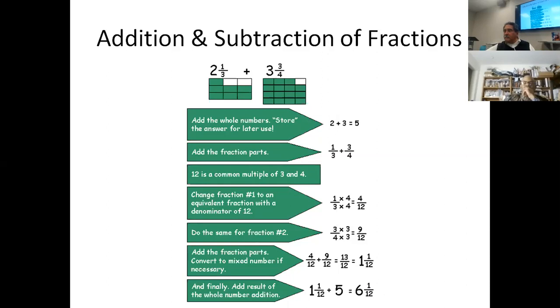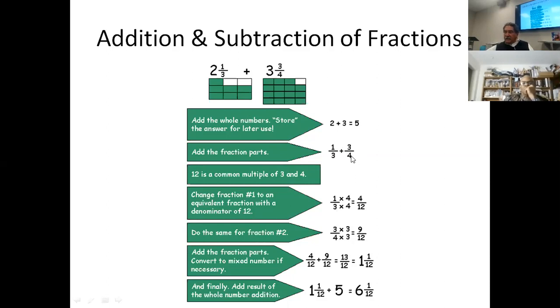Okay? When you want to work with fractions, you have to make their denominators the same. In order to do that, multiply the first fraction, both top and bottom, by the denominator of the second one.